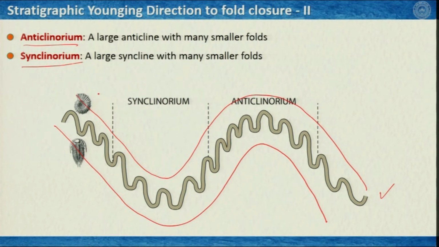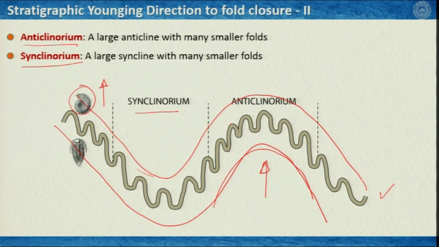Now in all these folds, the top part is defined by the fossil ammonite, so that means this is the younging direction. So this is a synform, and the synform contains many smaller folds. So this is a synclinorium, and in a similar way this is an antiform because it is closing upward, and the younging direction is also away from the core.